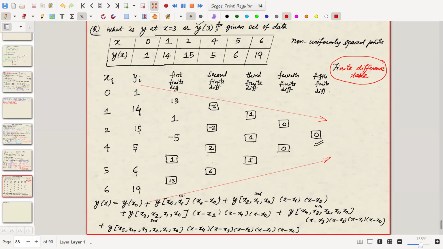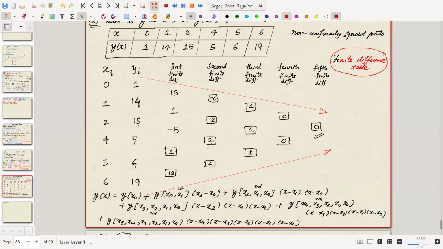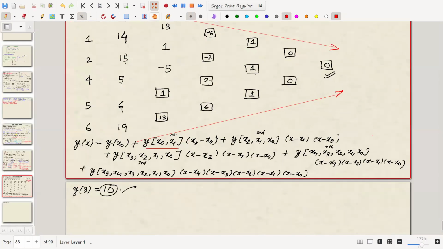First order finite difference, second finite difference, third finite difference. These are all the coefficients of the polynomial. You can easily see these coefficients here, and those coefficients you found out using the table. After that, you got the polynomial. Then at whichever value you want to evaluate the polynomial, substitute that value. Then you will get the value at any interpolating point. I hope you got the hang of this idea, right?